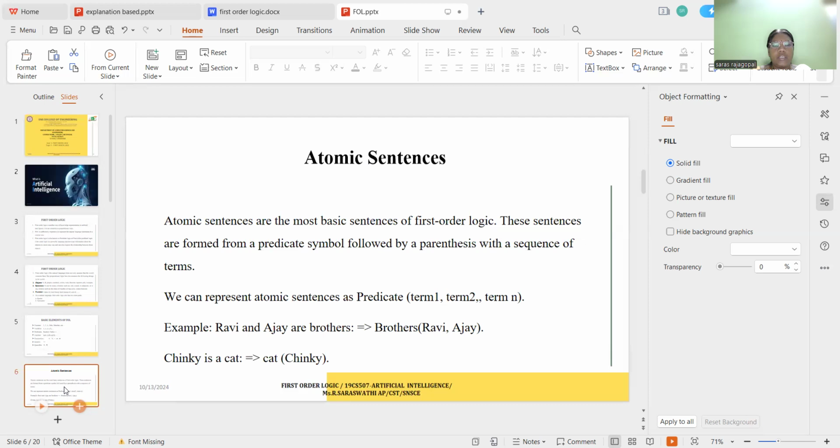For example, Ravi and Ajay are brothers. Here, the function is brothers of Ravi, Ajay. Ravi and Ajay are the variables, and brother is a predicate. Next, Chinky is a cat. Cat is a predicate, and Chinky is a variable.